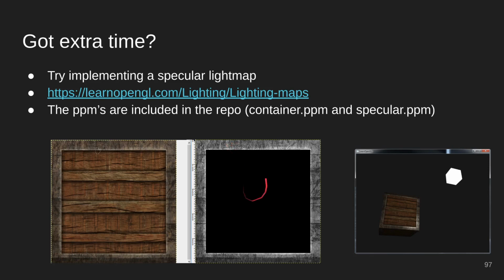Black means there are no specular highlights, gray or white means it's highly reflective, and it can give you this nice specular highlight, which you can see in the corner of this cube in the image on the right. So that's just something you can look at for a bonus. The lighting stuff gets pretty cool, so feel free to take a look at that.